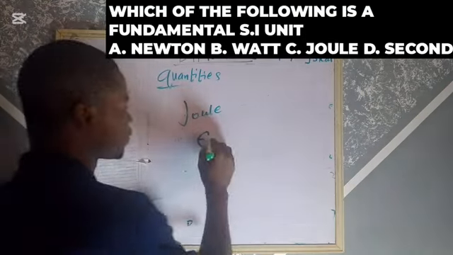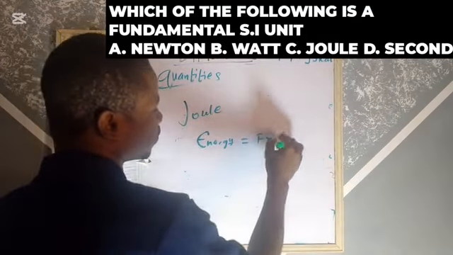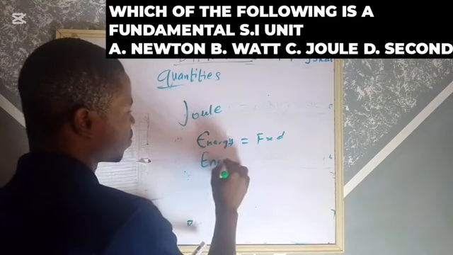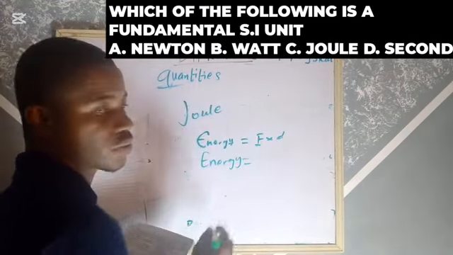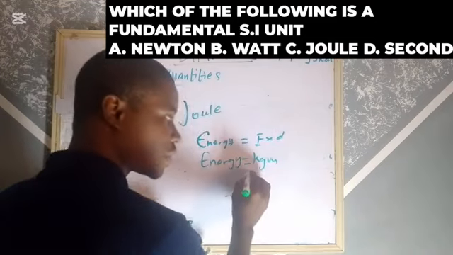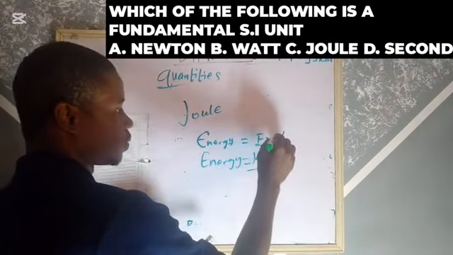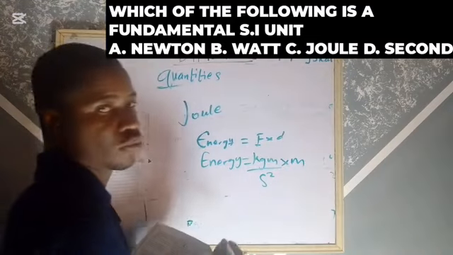Energy is equal to force times distance. So we have our energy. What is the unit of force? Force is kilogram meter per second square, times distance again. Our distance is in meter, so you put m.